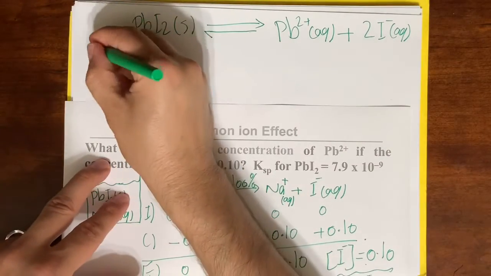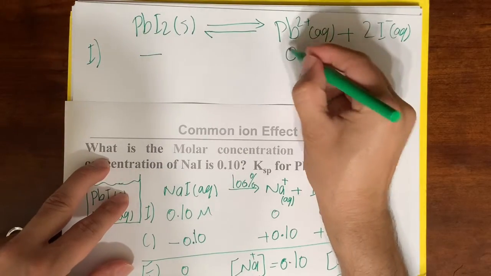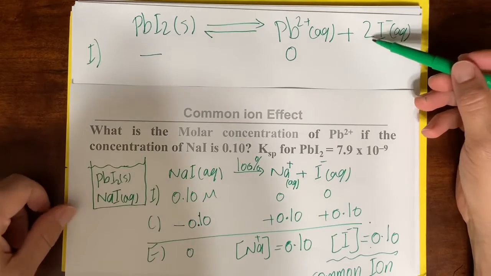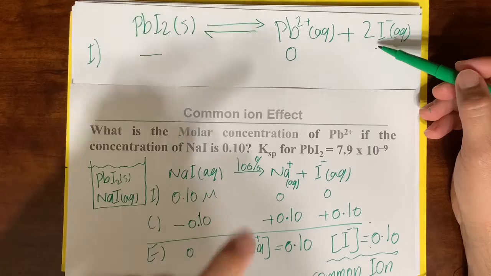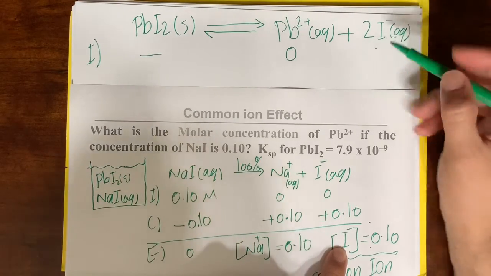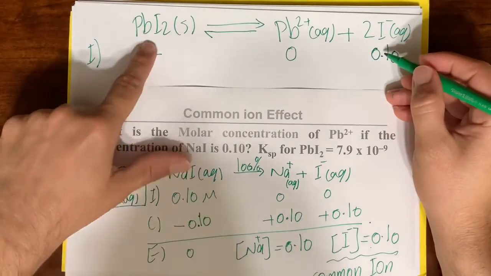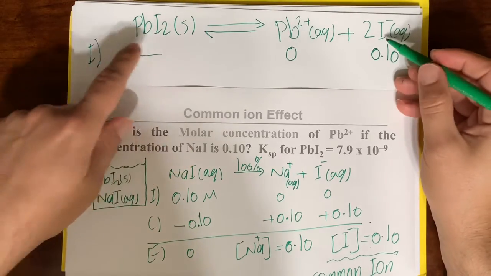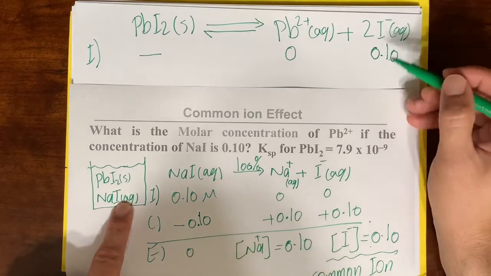Build the ICE table for it. Initial concentration: this is solid, I don't care about it, that one is 0. But check this, please be careful. For iodide, you're not going to say 0, because sodium iodide generated iodide for you, and the initial concentration is 0.10. Before we get anything from lead iodide, sodium iodide generated 0.10 of iodide.